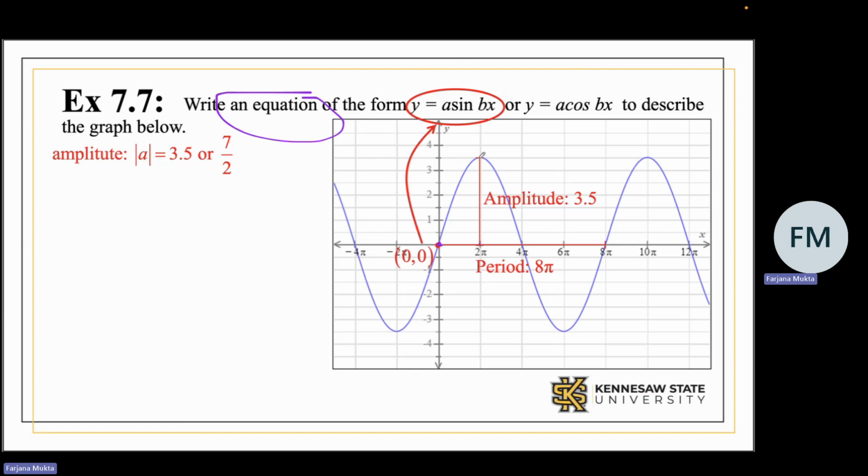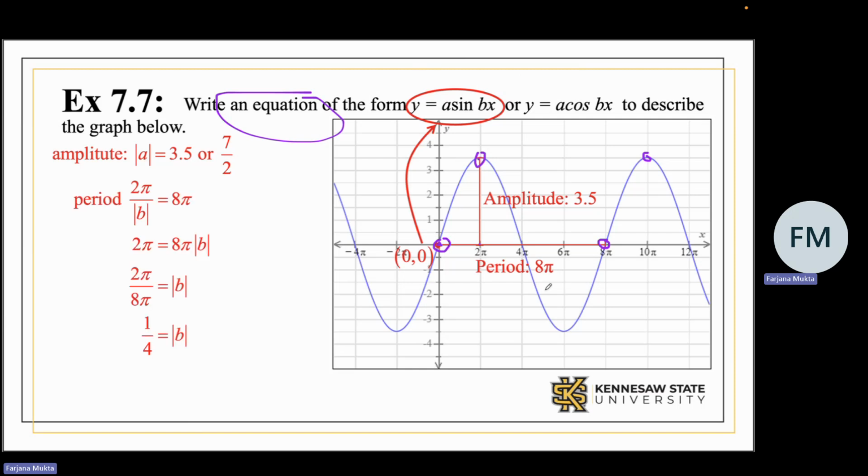You can think of the starting point here to what is the point here, or you can think of peak to peak, that works as well. If you think of peak to peak, from 2 pi to 10 pi, the positive distance is 8 pi, right? Or from 0 to 8 pi, the period is 8 pi either way.